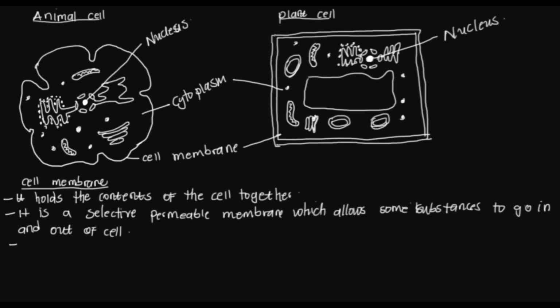So the substances that are still useful inside the cell are not going to be allowed to exit. So then away from there, let's also look at the structure like mitochondria.